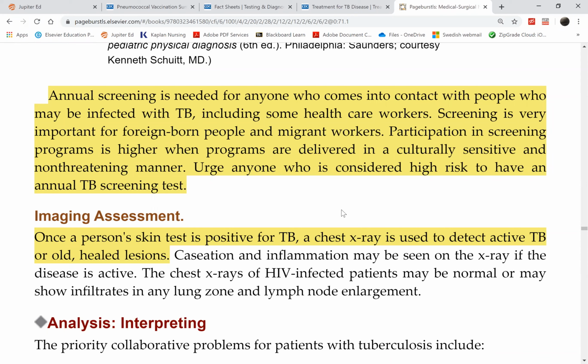So therefore, all I'll submit is just proof that I'm still negative. I won't be required to submit the PPD because of course it will be positive. So I'll just submit an X-ray proving that my lungs are still clear, TB free.